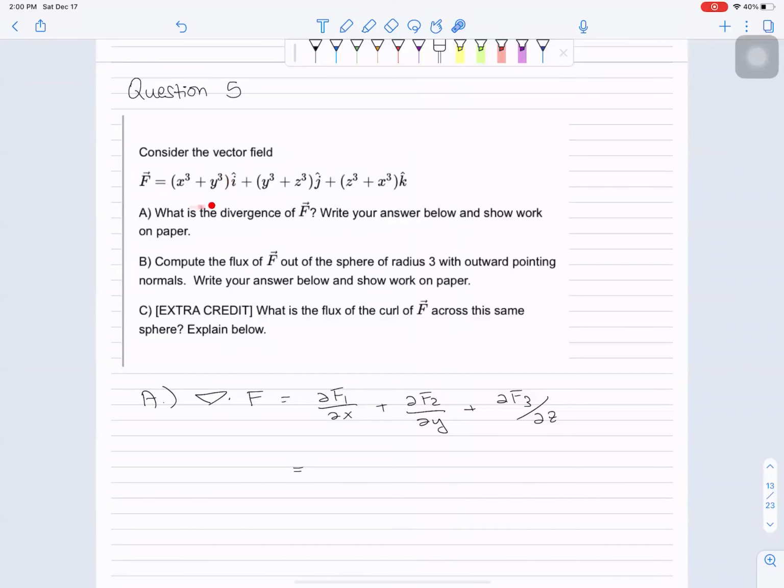What is my first component? That's this thing. Partial with respect to x gives me 3x squared. Partial of the second thing with respect to y is 3y squared. And partial with respect to z of the third thing is 3z squared.